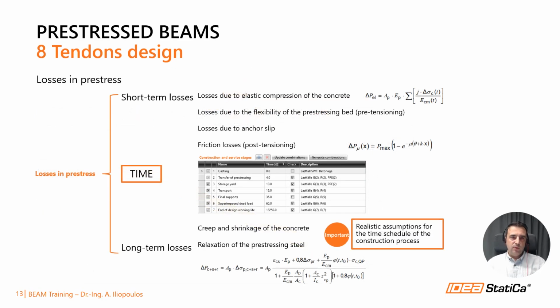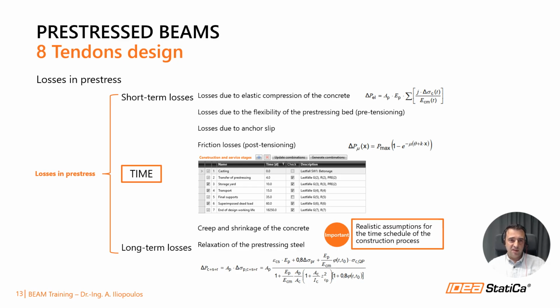Let's now take a quick look at prestressing losses. We distinguish between short-term losses that occur immediately after prestressing and long-term losses, which develop over time. Short-term losses arise from different mechanisms. They can be the elastic compression of the concrete, where the elastic modulus plays an important role. Then there are losses due to the deformation of the prestressing bed.